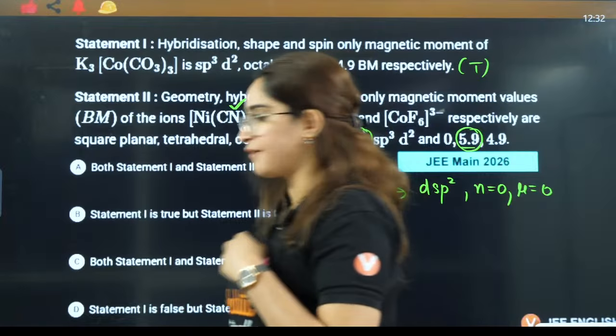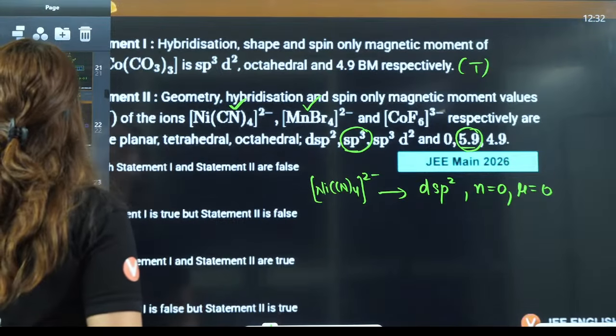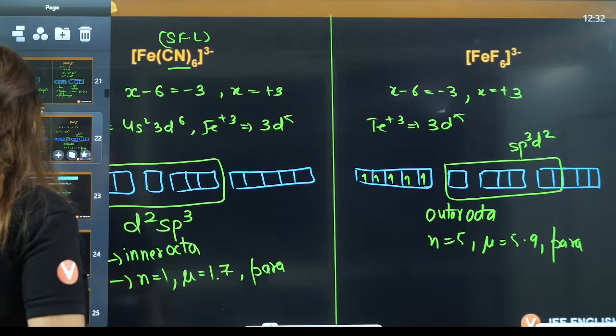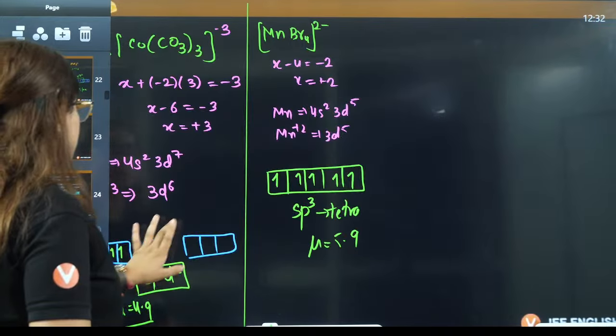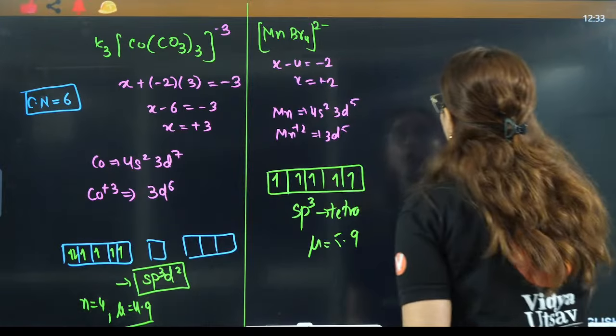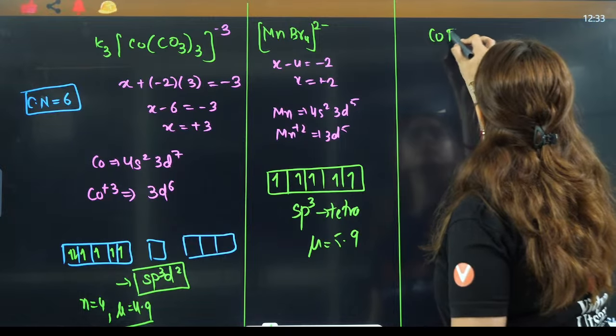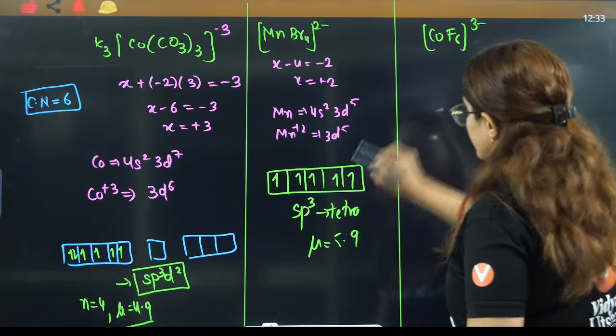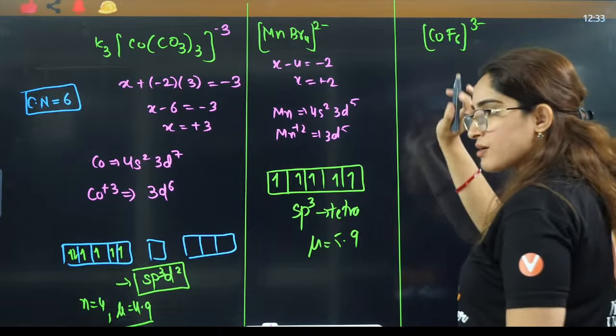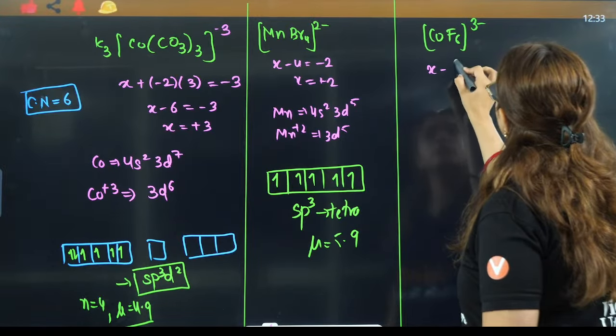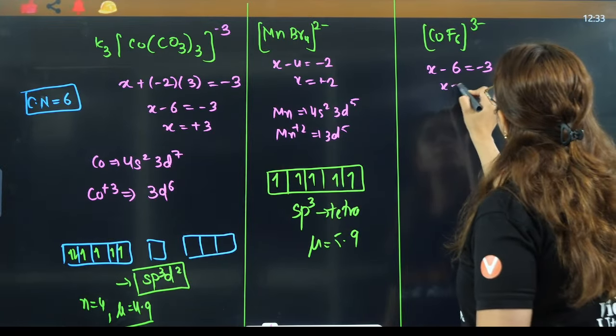CoF6 3 negative. I have not calculated that, so let's talk about it. Oxidation number is +3.